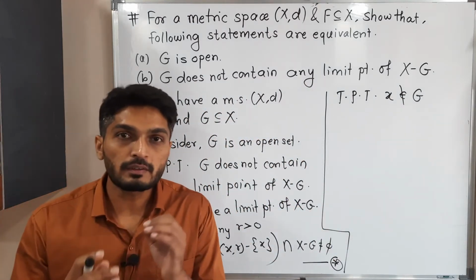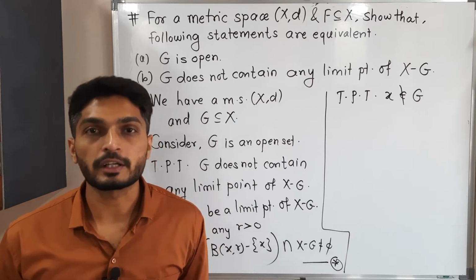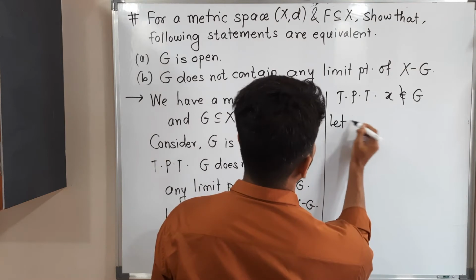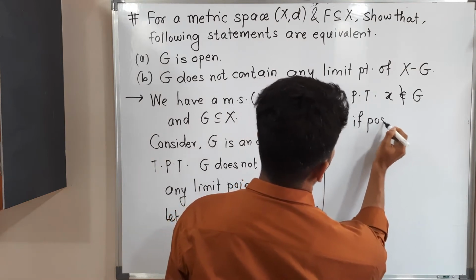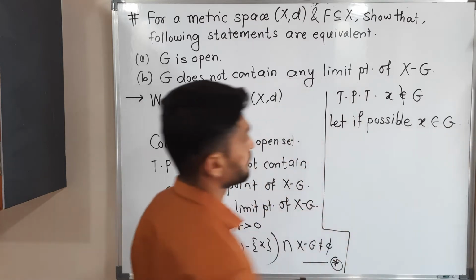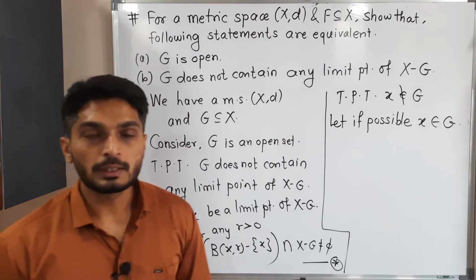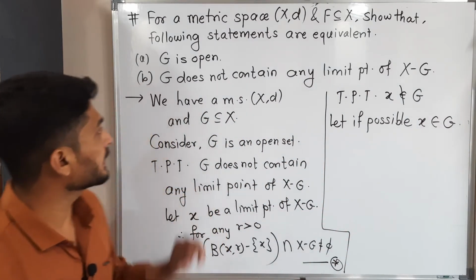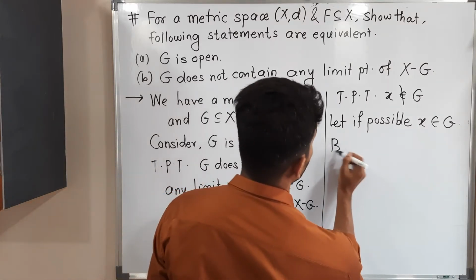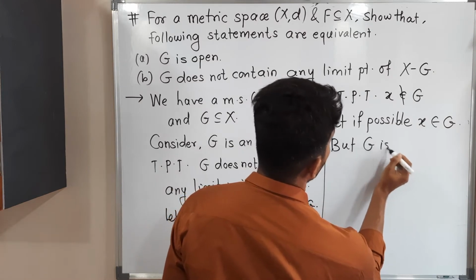Normally when we have to prove something, we assume the contrary. So here also I will do the same. Let it be possible that x belongs to G. But a very important thing we have, that is, assume G is an open set. G is open.